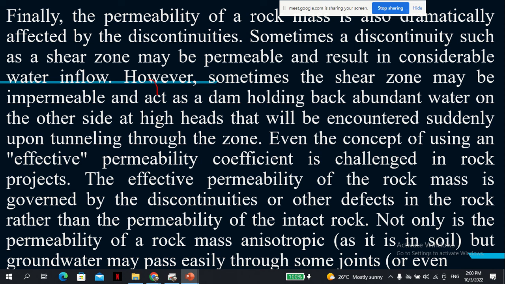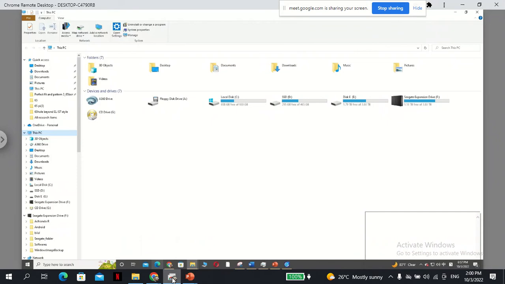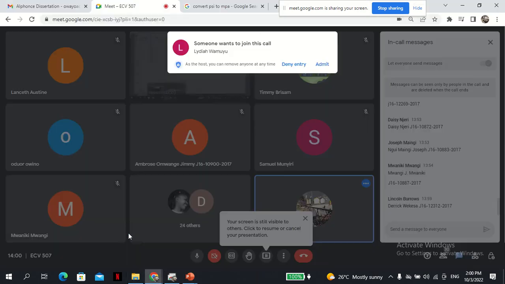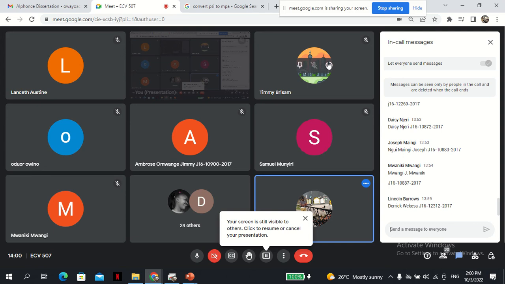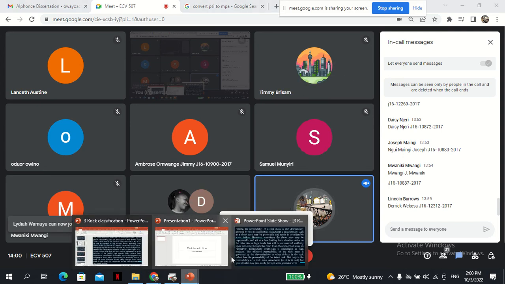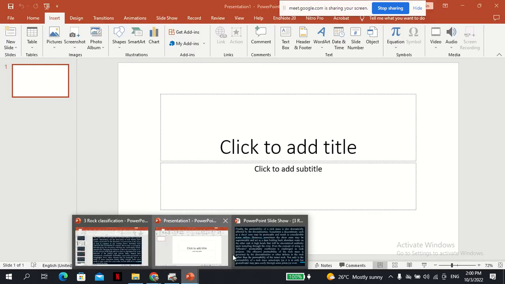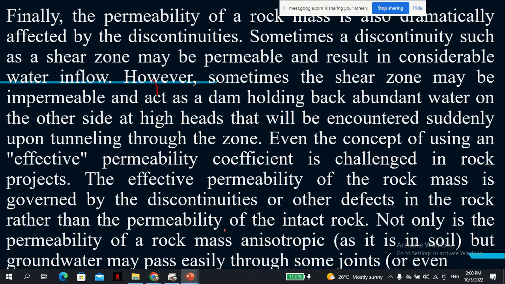The effective permeability of the rock mass is governed by discontinuities and other defects in the rock rather than the permeability of the intact rock.